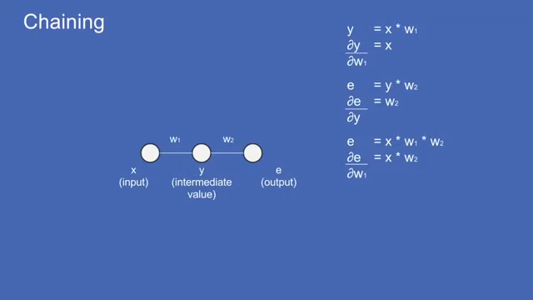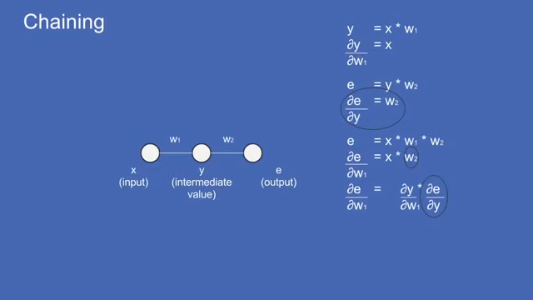And so if we want to calculate how much the error will change if I change w1, we just take the derivative of that with respect to w1 and get x times w2. So this illustrates that what we just calculated is actually the product of our first derivative, dy/dw1, times the derivative for the next step, dE/dy, multiplied together.